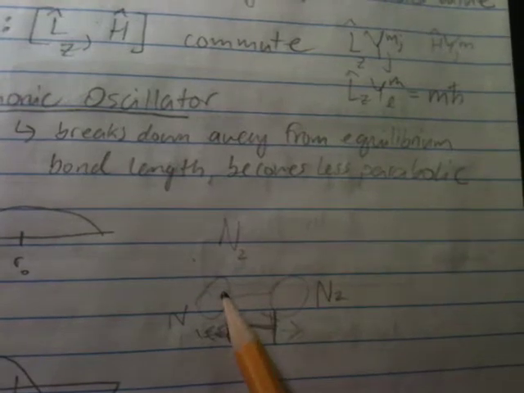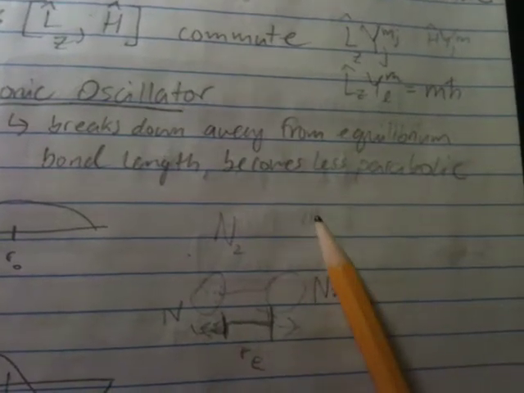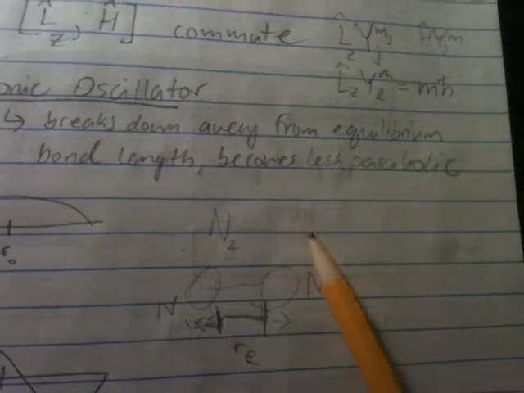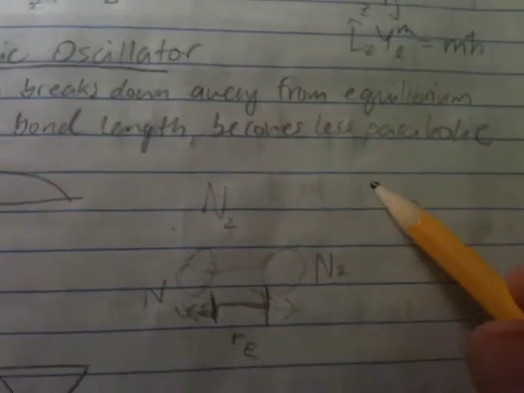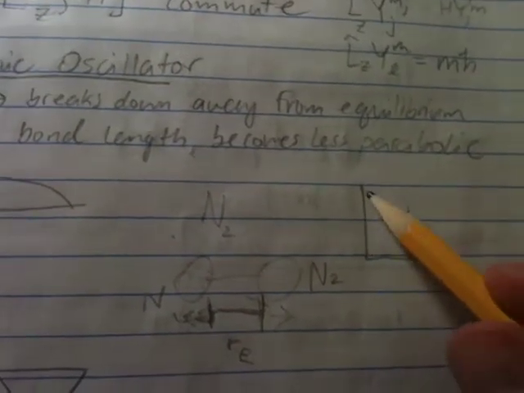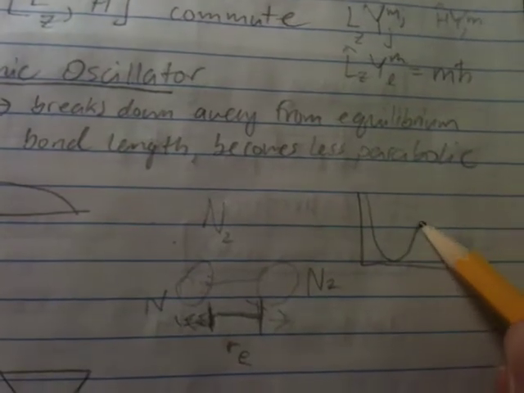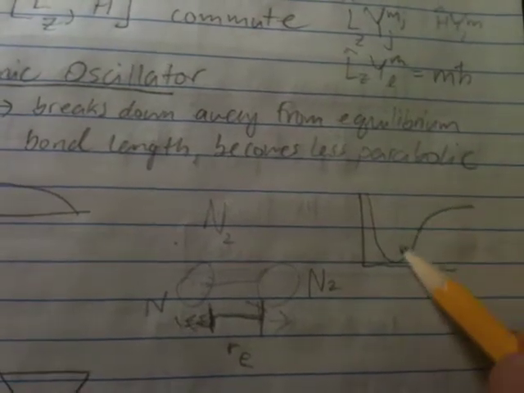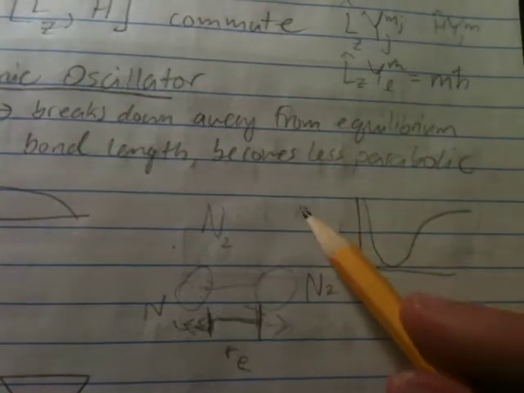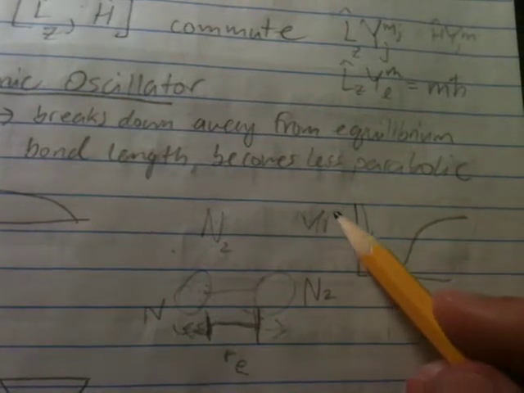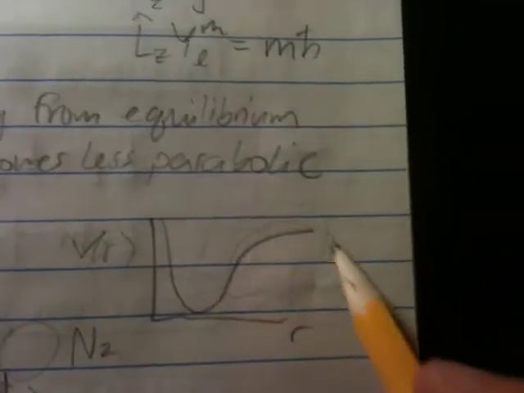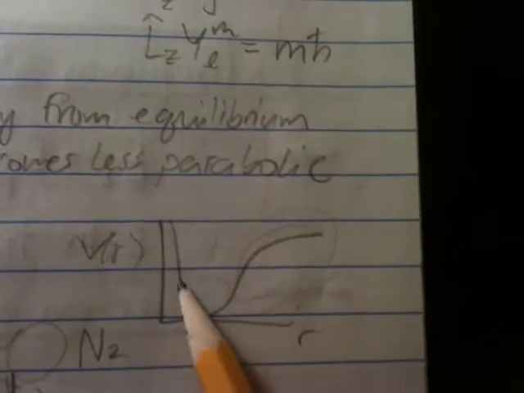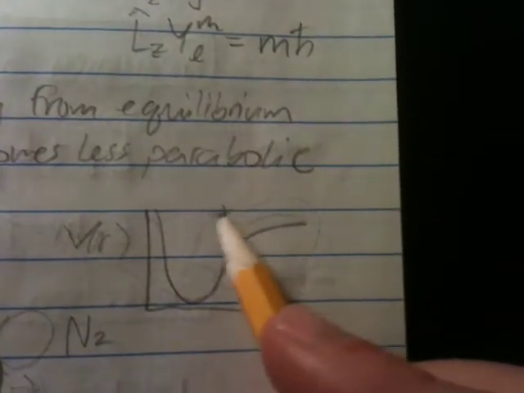When these two get farther away from each other, and this potential function gets less and less parabolic, this is where the approximation begins to break down. In this region, ideally you would have a parabola, but you don't get this part.